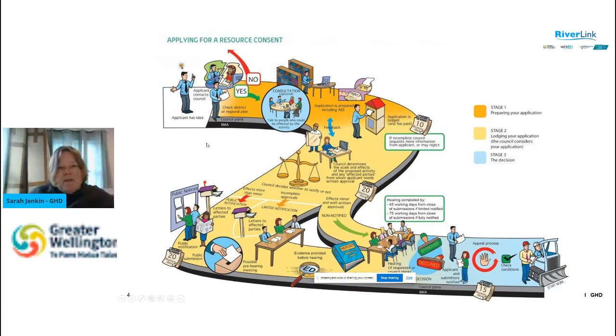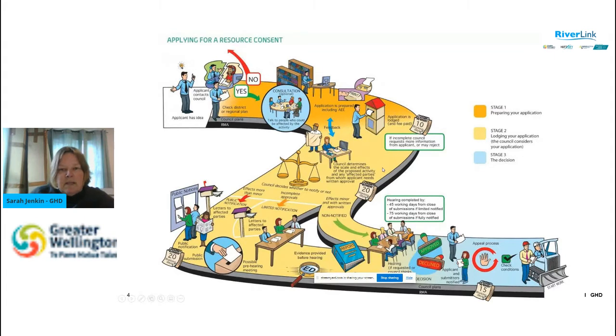They'll prepare their application, which includes a number of different documents, and they'll lodge that with the council. In this case, with Hutt City Council, so the council that manages land use around Lower Hutt and the area, and with Greater Wellington Regional Council, so the regional council who manages the environment across the Wellington region.